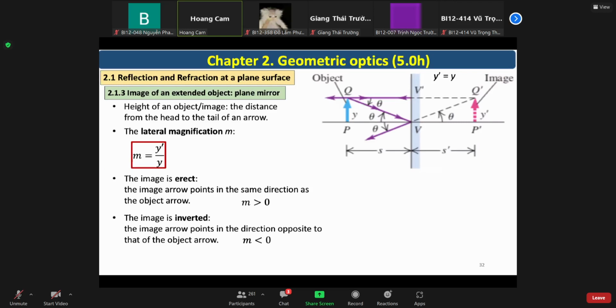So I use here two terms: the object, and the image formed by the optical device, and then we can describe the property of the image.